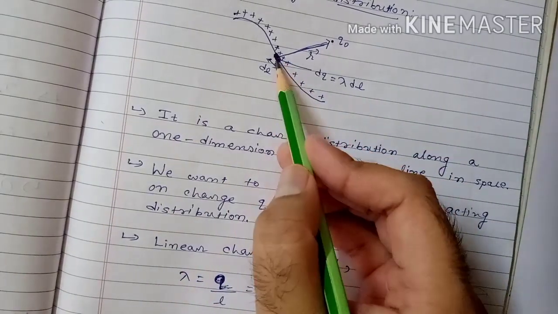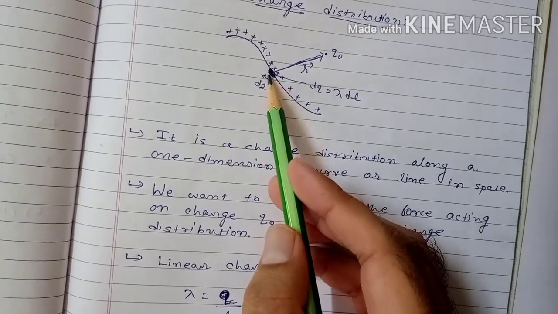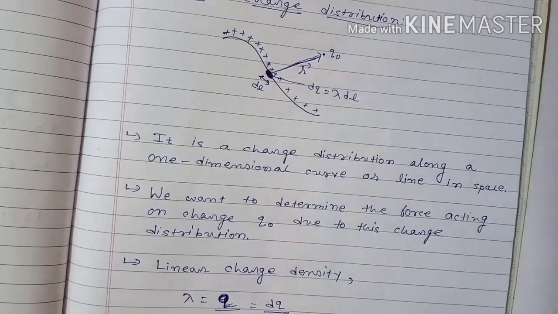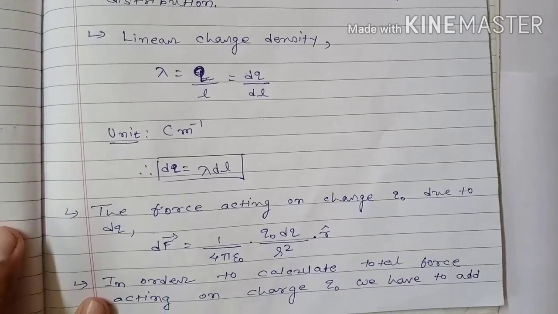If we consider the charge contained in this small element as a very small point charge, then the force acting between two point charges is given by Coulomb's law: F is equal to k q1 q2 upon r square.